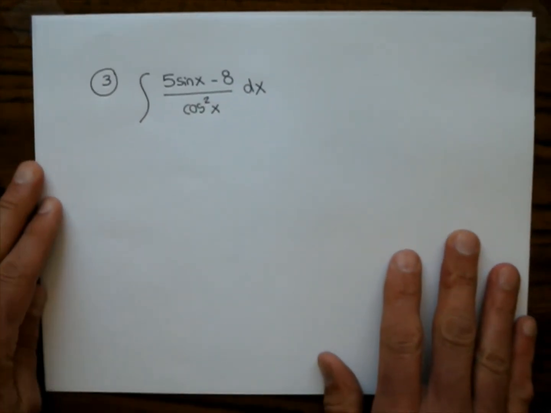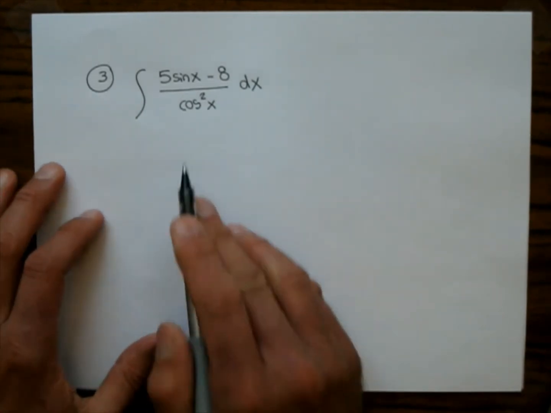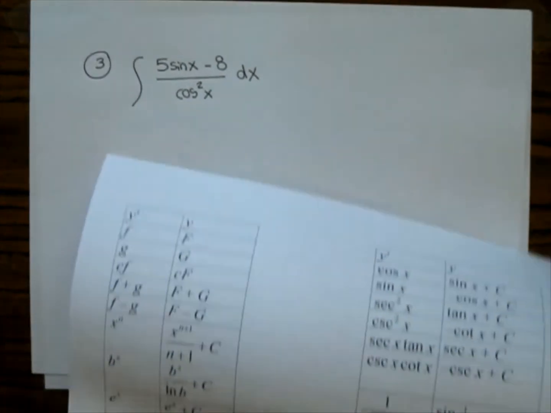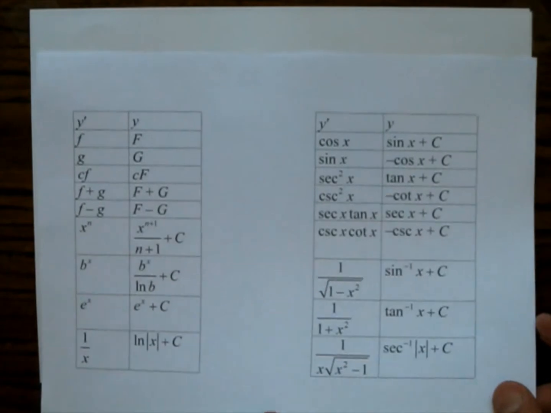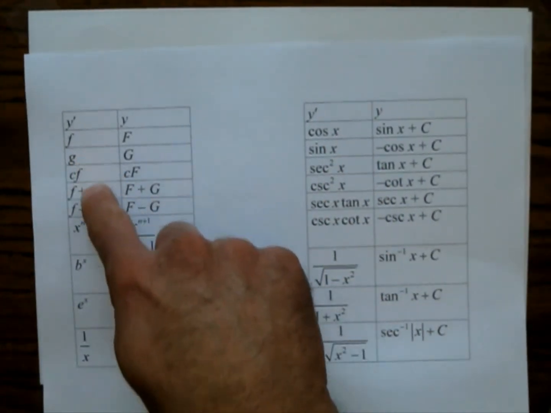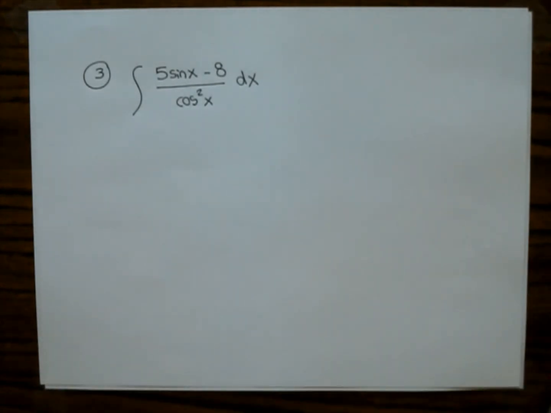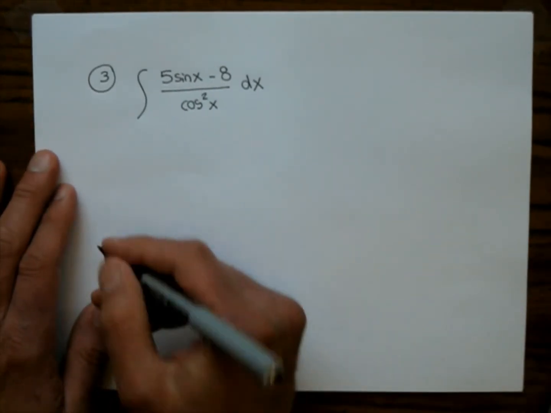So problem number 3. Problem number 3 looks like a mess. So once again, you go to the antiderivative rules and you don't see anything on the left-hand side here that looks quite like that. So you're going to use some algebra and maybe some trig to clean things up.